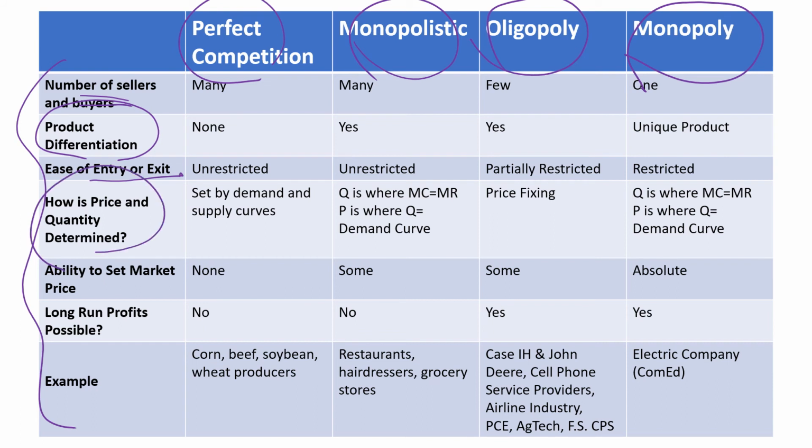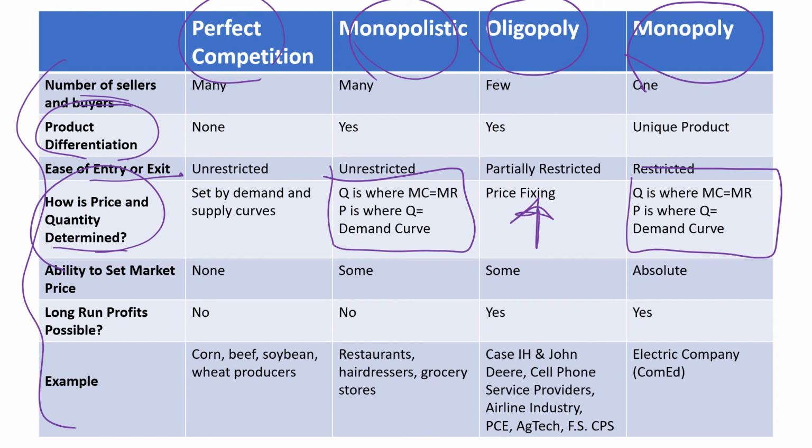How is price determined and quantity determined? So these are the graphs. For monopolistic, this is what we did to figure that out. For monopoly, that's what we did to figure that out. Oligopoly, remember, is mostly done by a price leader. Well, we could put price leader in here, or price fixing. And perfect competition is set by demand and supply curves.